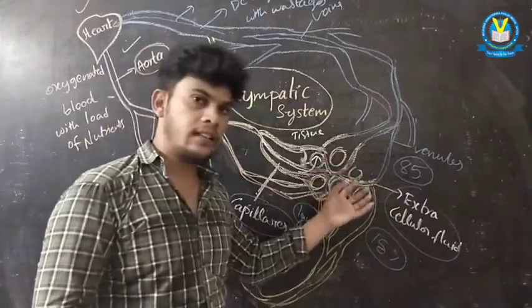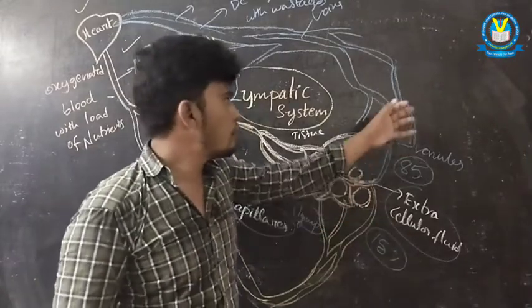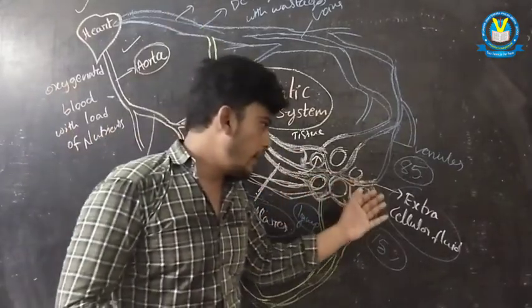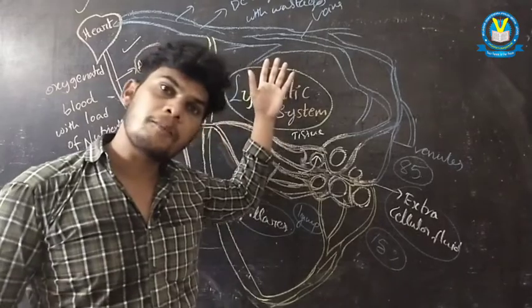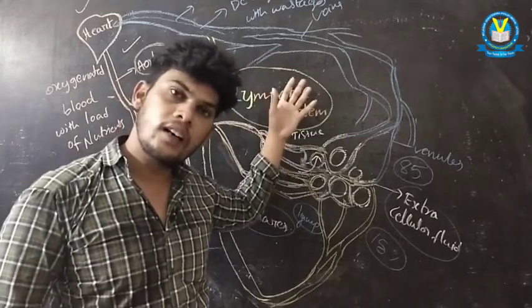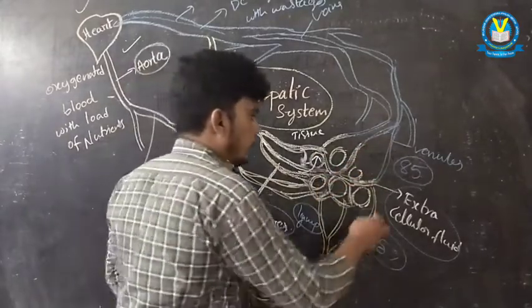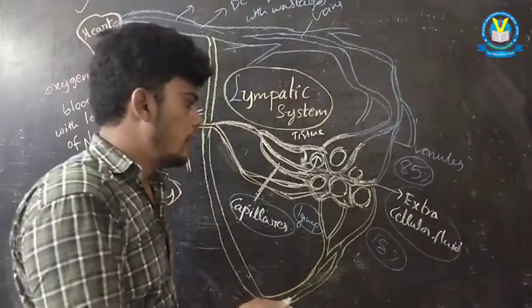The waste is collected by the extracellular fluid, meaning blood, and again goes to the venous system, to the heart. But the total amount of this waste material does not go back to the heart. Only 85% of the waste in this extracellular fluid goes back.